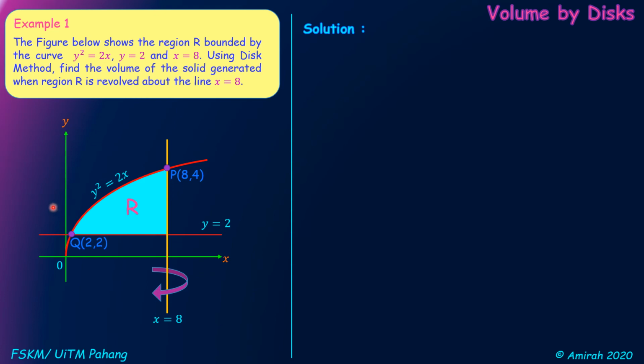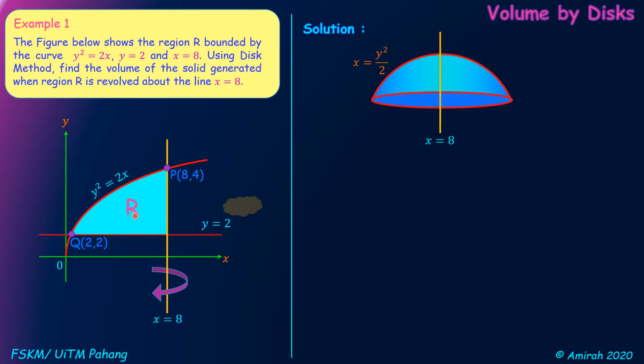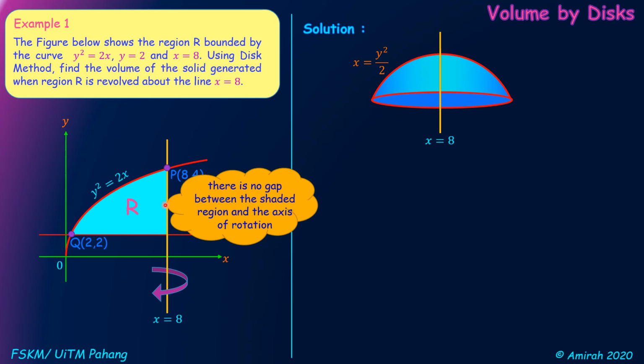Now, this diagram is revolved about the line x equals 8. This is the rotation symbol, and this is the axis of rotation. Since there is no gap between the shaded region and the axis of rotation, we will get this diagram, which is a solid object.